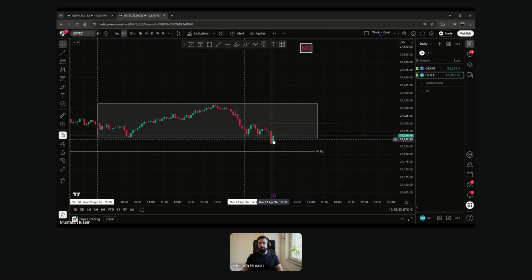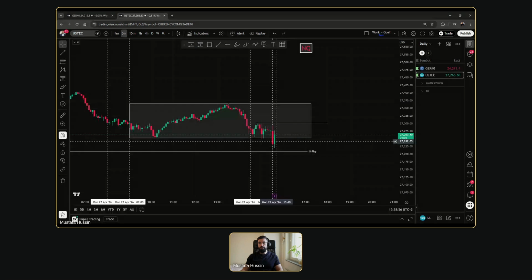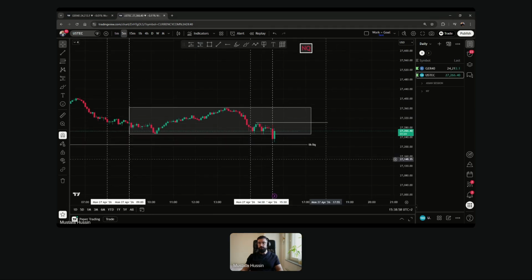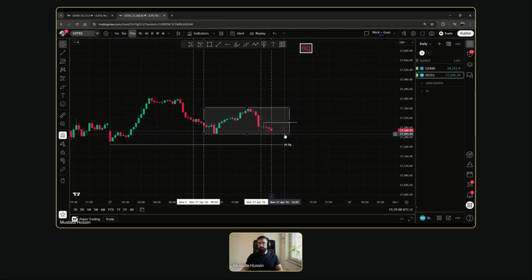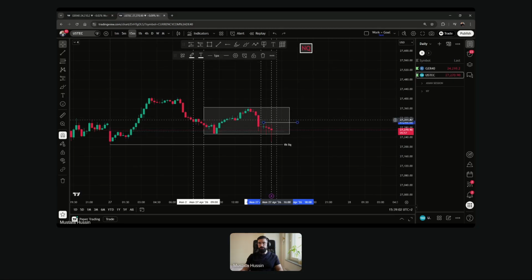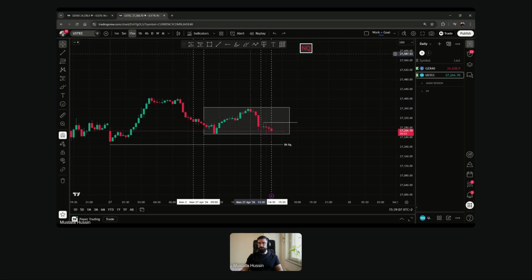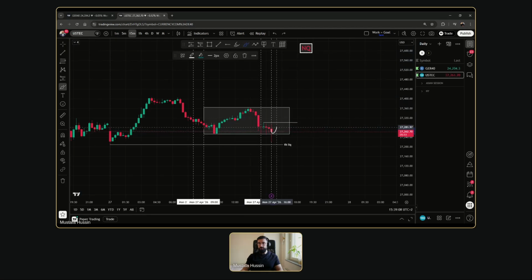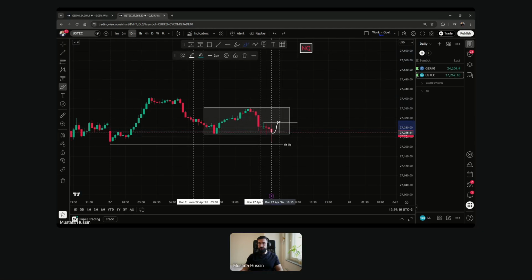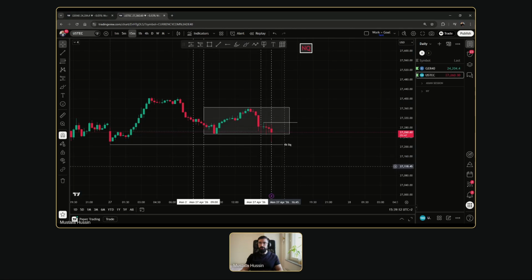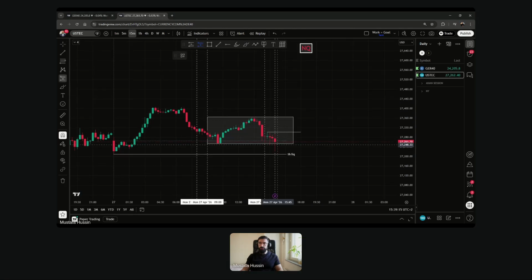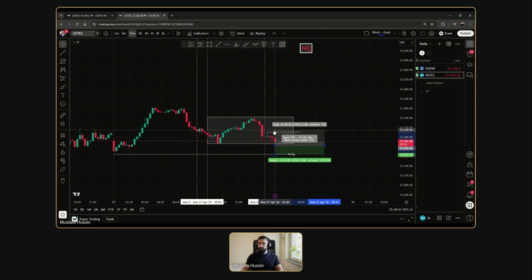It closed underneath the overnight range for it to continue to the downside, but there is still liquidity lying up here. If the market wants to continue to the downside, there is a probability that the market wants to come up, take out this liquidity, and continue to the downside. That is why, if we should take this trade, we would have put our stop loss over this area right there.